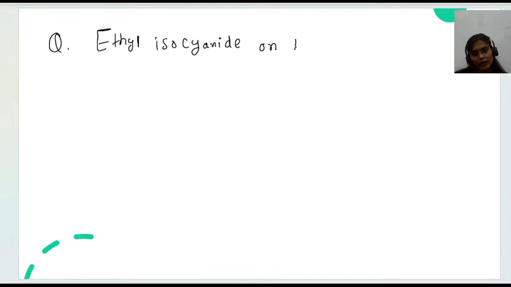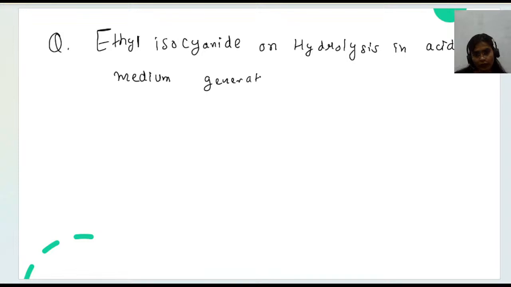Ethyl isocyanide on hydrolysis in acidic medium generates: option A, that is ethylamine salt and methanoic acid.